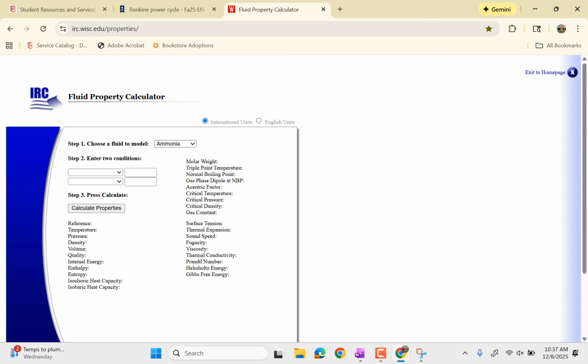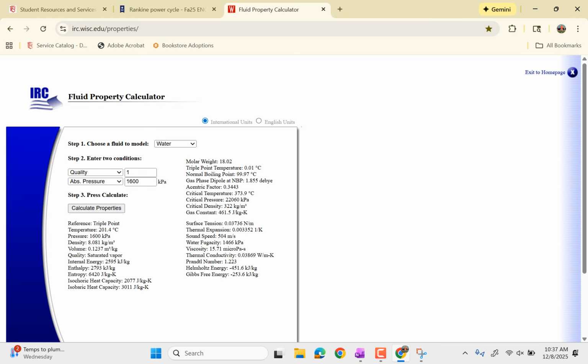We want international units. This is water. This is a saturated vapor, and so the quality is 1. And the pressure is 16 megapascals, which is 1600 kilopascals.